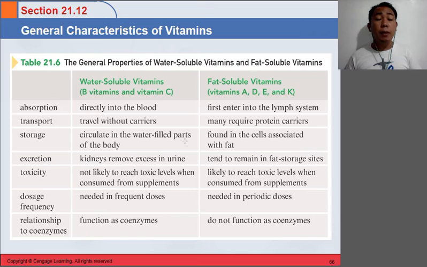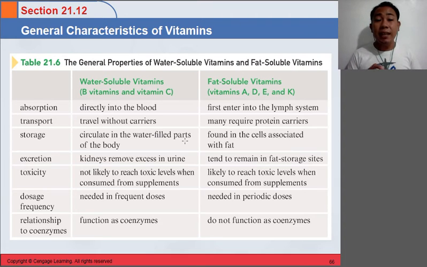As to transport, water soluble vitamins travel without carriers, while many fat soluble vitamins require protein carriers. As to storage, water soluble vitamins circulate in water-filled parts of the body, while the fat soluble vitamins are found in the cells associated with fat.